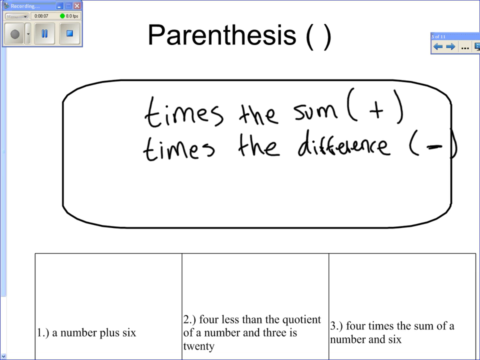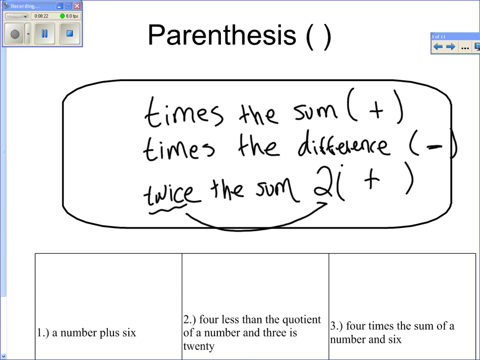And you might also see something like twice the sum, which would mean we would have a 2 on the outside and then something would be added inside the parentheses. And twice, remember, is going to translate to 2 times something.